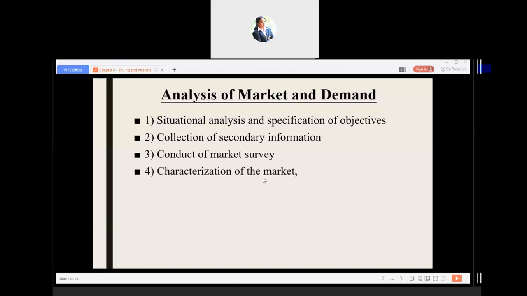Now another way to characterize the market is from the point of view of consumers. Usually, they would be characterized along two dimensions. It would be demographic and social, under which we characterize them based on their age, their gender, and the income they earn.